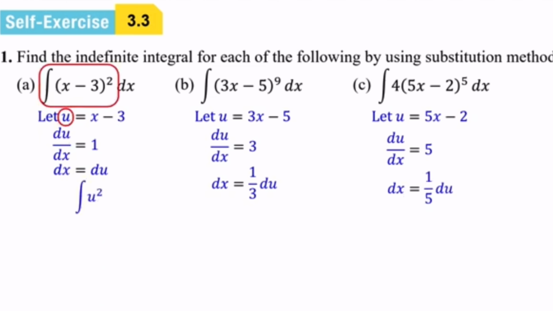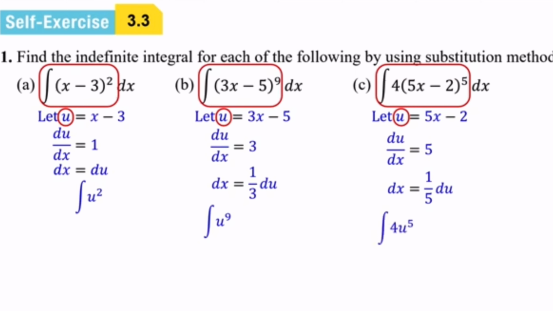So I'm going to substitute u to replace x minus 3. So it becomes integrate u to the power of 2. And this one will become integrate u to the power of 9 for B. And then for C, it becomes integrate 4u to the power of 5 dx, right?